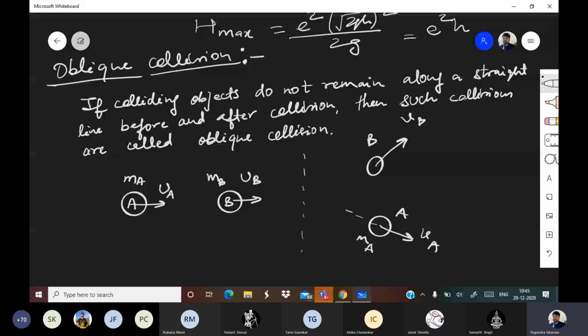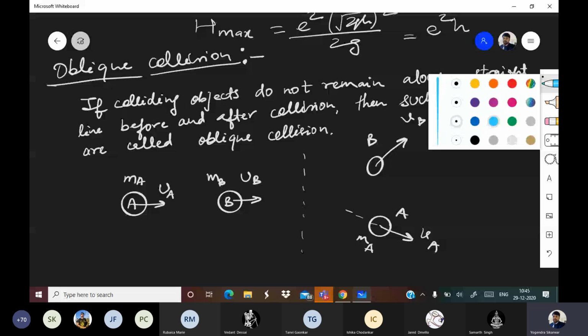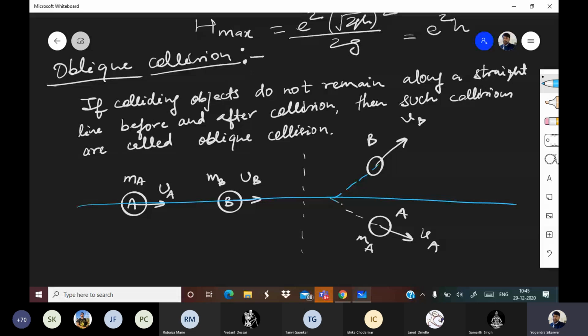So we can draw a straight line like this, and they are going in this direction. This angle can be taken as beta. This angle can be taken as alpha, right?